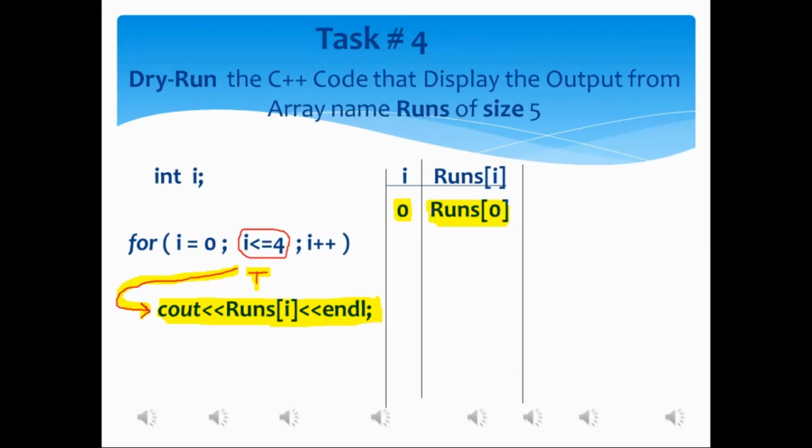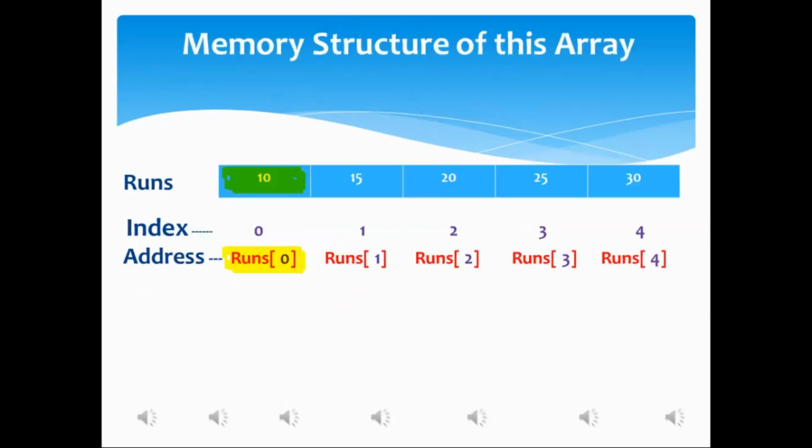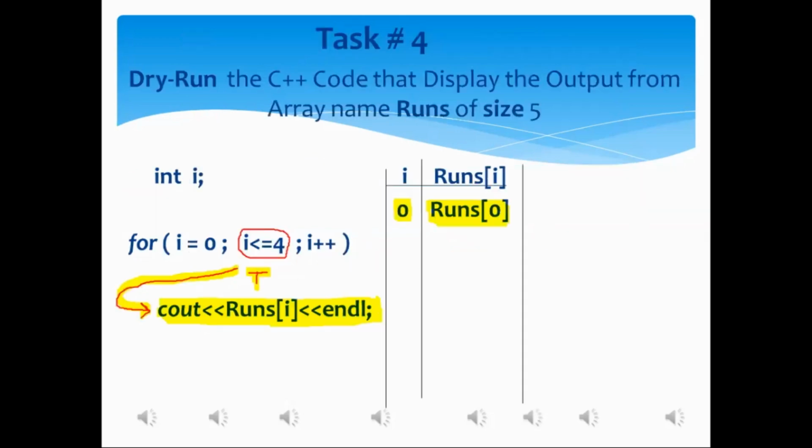Okay, it means as a result of execution of this cout statement, the data value that had been initialized in the very first memory location, 10, must be displayed onto the monitor screen. And for you, Mr. Aftab, and for all the audience and all the YouTube viewers, a monitor that you can watch right now onto the monitor screen.